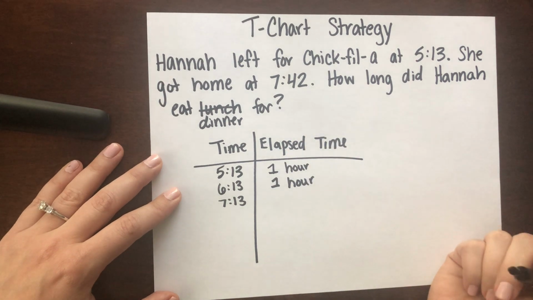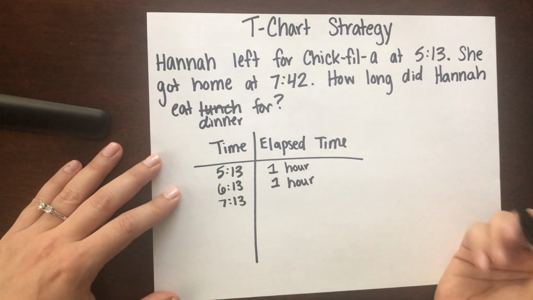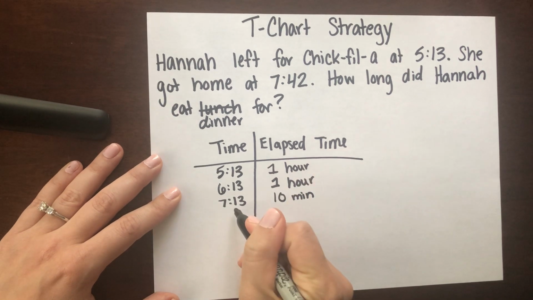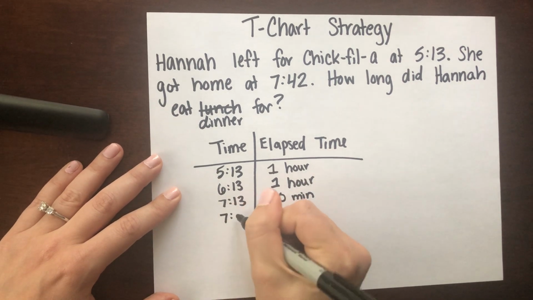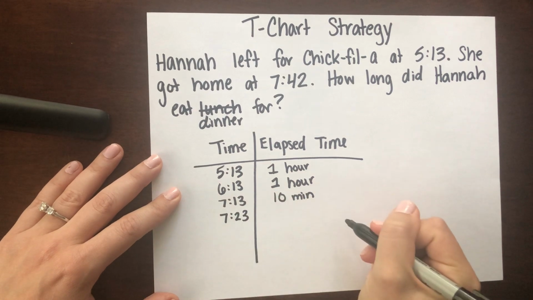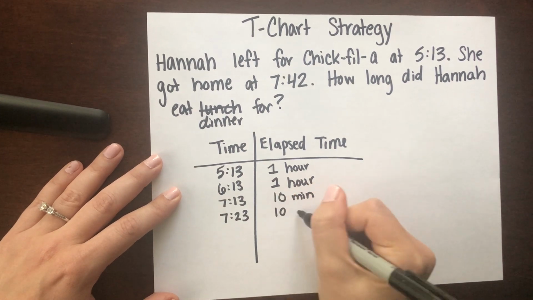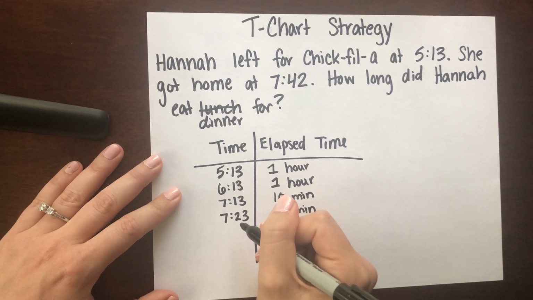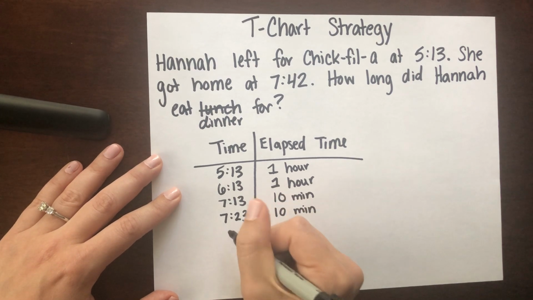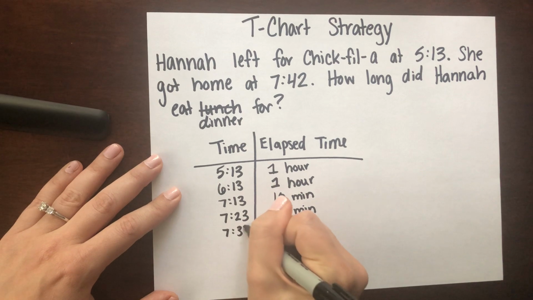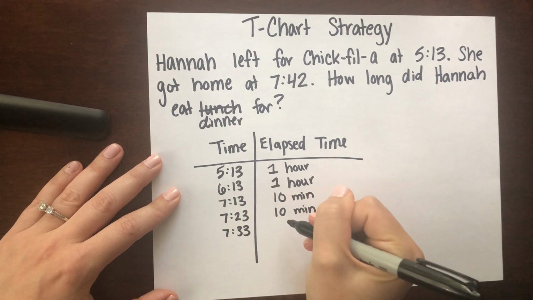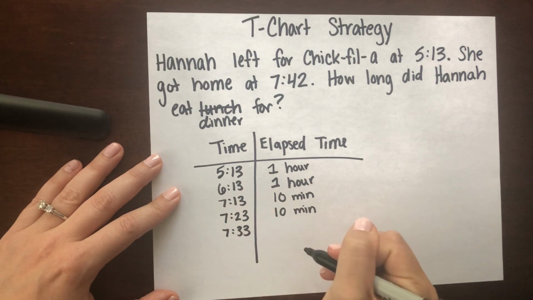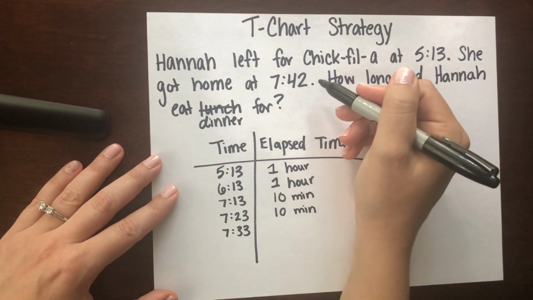So I'm going to start by using 10 minutes. 10 minutes past 7:13 would get me 7:23. I'm going to do 10 minutes again past 7:23, which would be 7:33. Now I can't do 10 minutes again because 10 minutes would get me 7:43, and that's past our ending time.